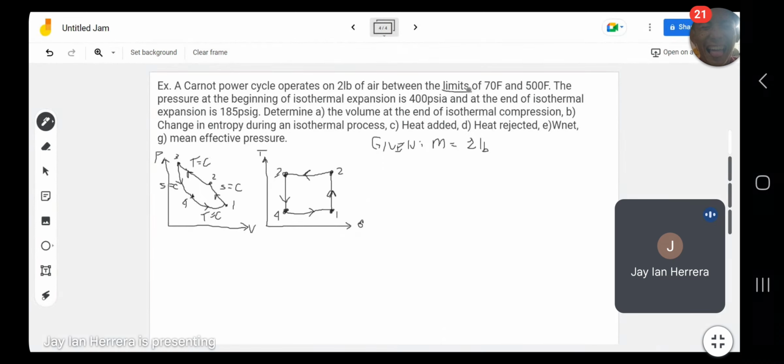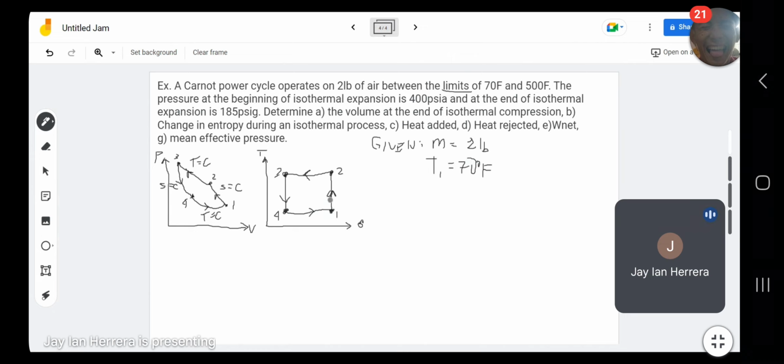When we say limits, this is the highest and lowest point. In this case, we have our lower limit as 70. So T1 is 70 degrees Fahrenheit.